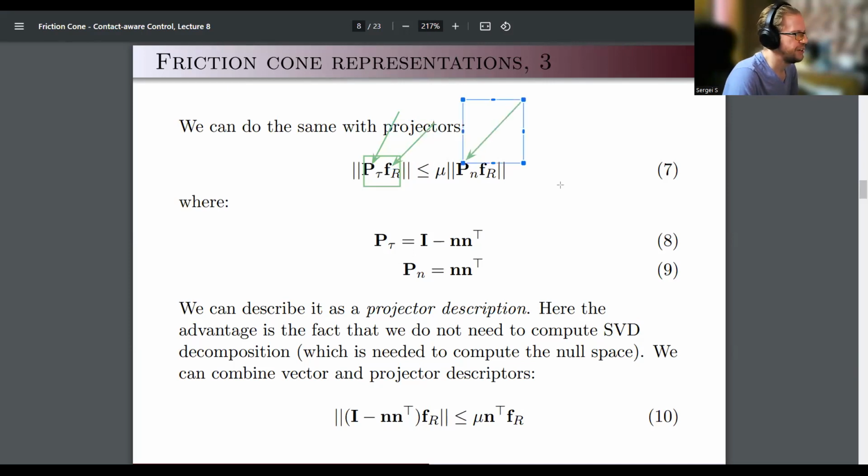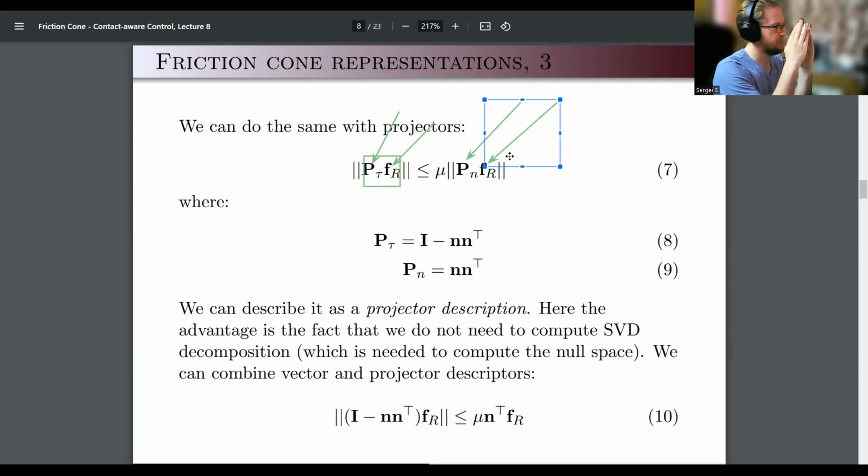This projector Pn projects FR onto the normal direction, so it puts it onto the normal plane. They are orthogonal projectors, so they have the properties of orthogonal projectors. They don't shift anything that is already in the correct subspace, and so on and so forth.